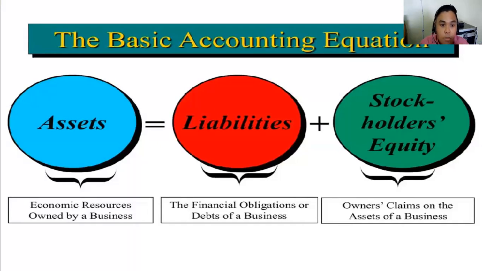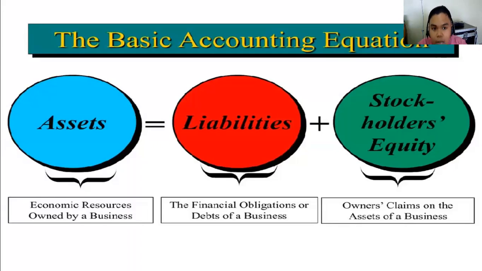It comprises assets, liabilities, and stockholders' equity. Based on the definition, assets are the economic resources owned by a business. We also have liabilities, which are more on the financial obligations. And we have stockholders' equity, which is more on the owner's claims on the business.